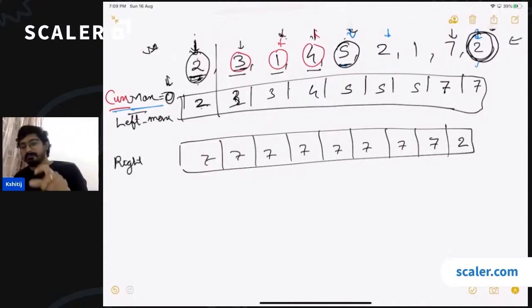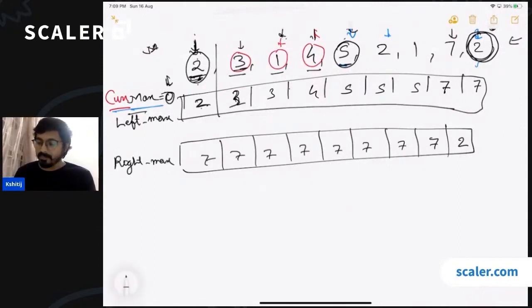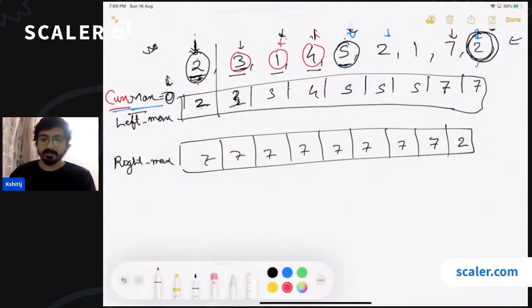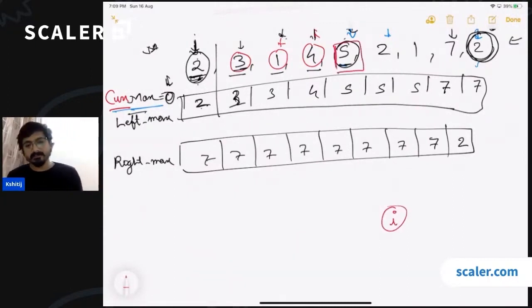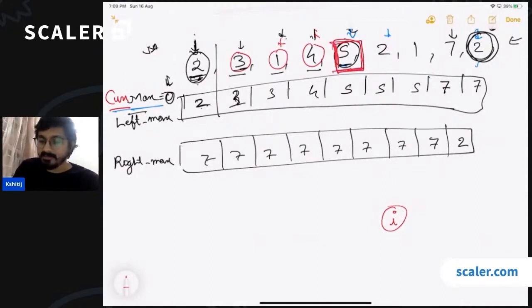Okay, if we have stored these values, can you tell me what will be the amount of water stored over any ith bar? If I talk about this bar, what will be the answer? We need the maximum bar on the left side of this. From where can we get it? The maximum bar on the left side of this bar is here.